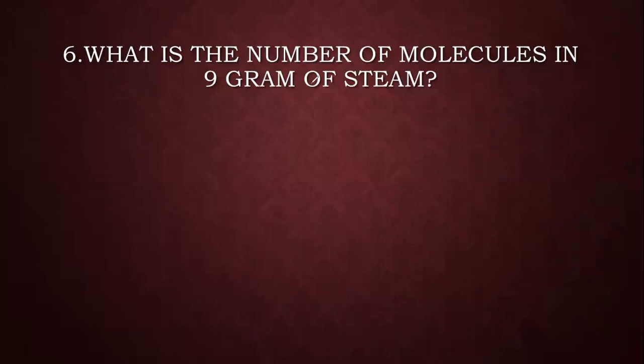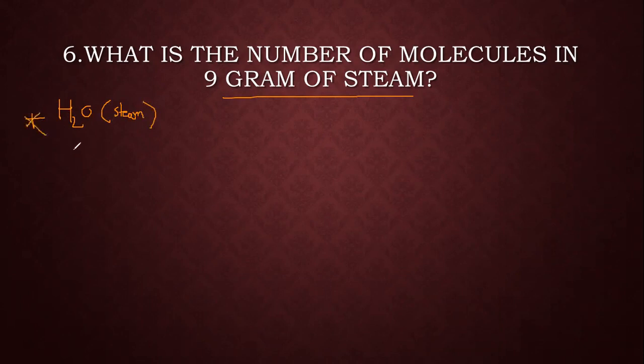The next one is, what is the number of molecules in 9 grams of steam? So, how to find steam? Steam is basically water, H2O. Given is mass in grams, how much? 9 grams.